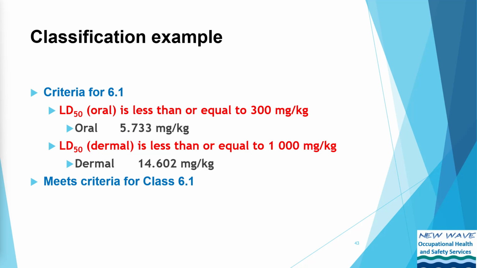The second criterion is LD50 dermal, or spread on the skin, of less than or equal to 1,000 milligrams per kilogram. Sodium cyanide's value of 14.602 also easily meets that criterion. So we know this does meet the criteria for class 6.1.